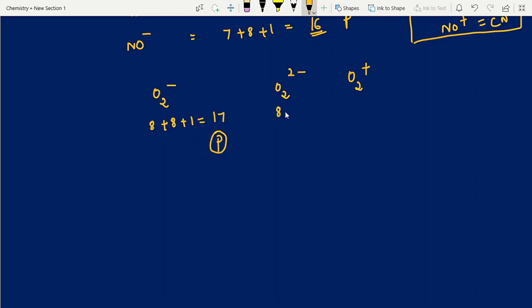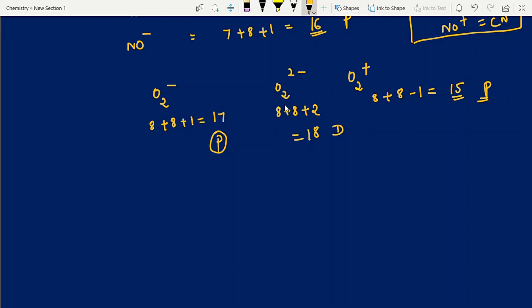O2 2 minus: 8 plus 8 plus 2, 18 electrons, diamagnetic. O2 plus: 8 plus 8 minus 1, 15 electrons, paramagnetic. Like that, we can easily work out the question. With this molecular orbital theory, what they ask repeatedly in examinations, NEET level, mains level, advanced level also, I have covered here, students.